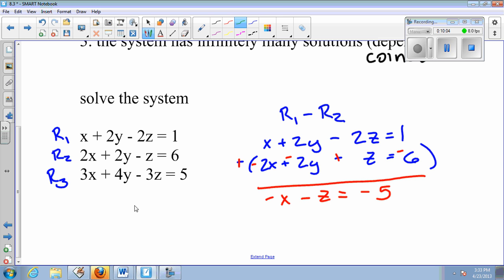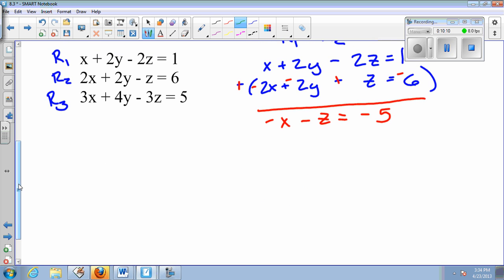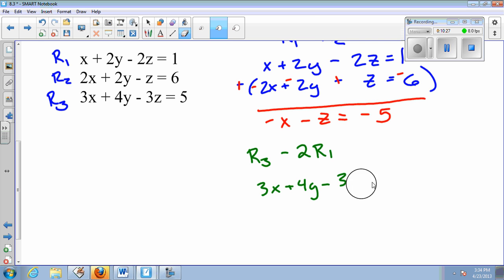We used row 1 and row 2, so now we must use row 3. And we're going to subtract 2 times row 1. So we have row 3, 3x plus 4y minus 3z equals 5.